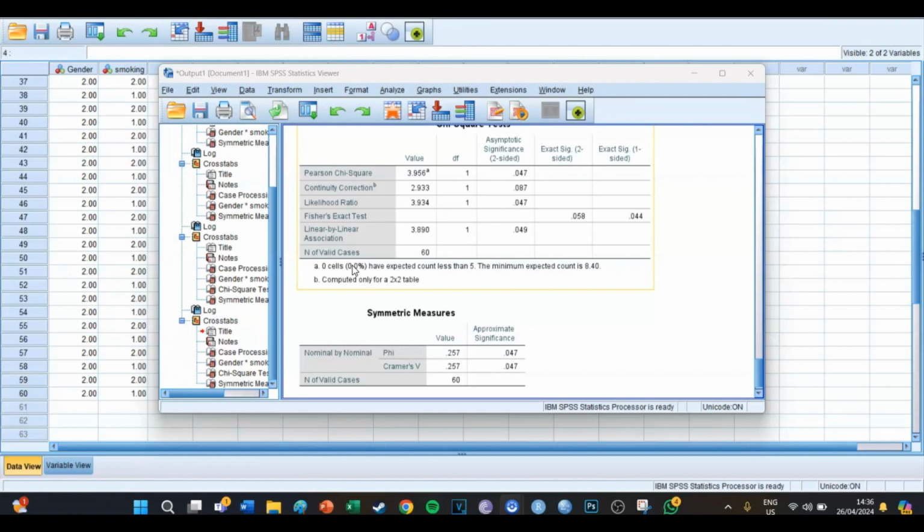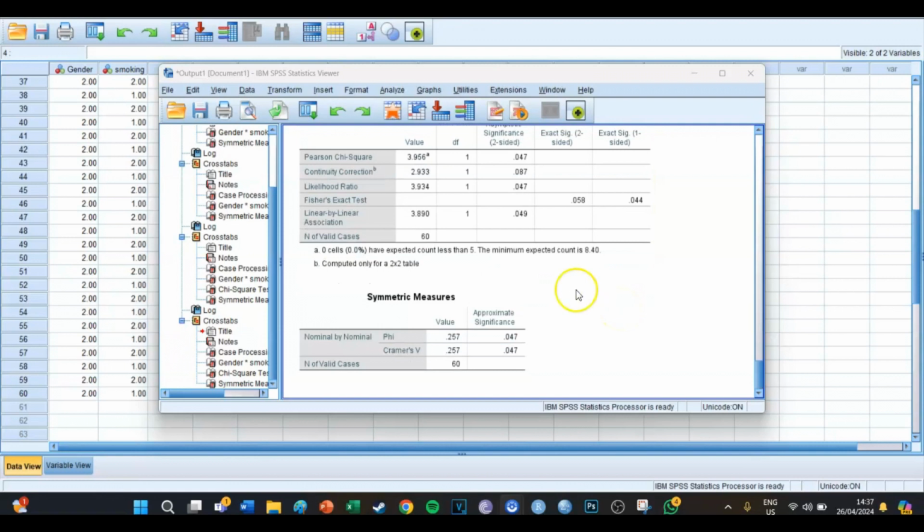But if, for example, there are multiple cells which have lower than 5 expected frequencies, then you cannot use this test, sadly. And then if we go to the bottom, we can see the phi and Cramer's V value, and these are like a correlation value.